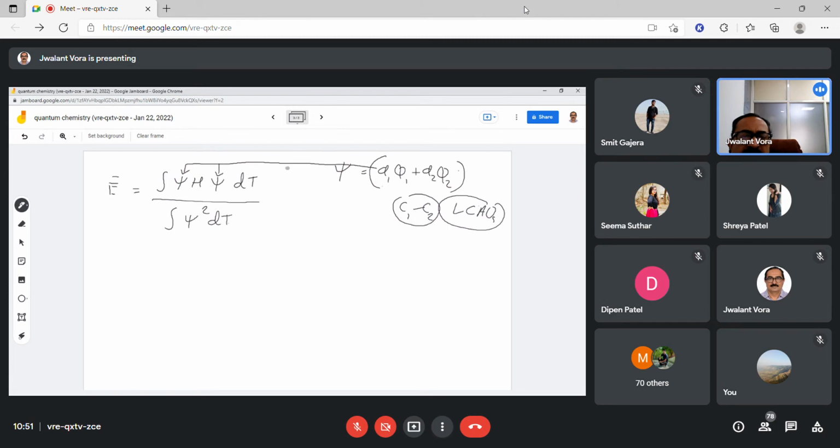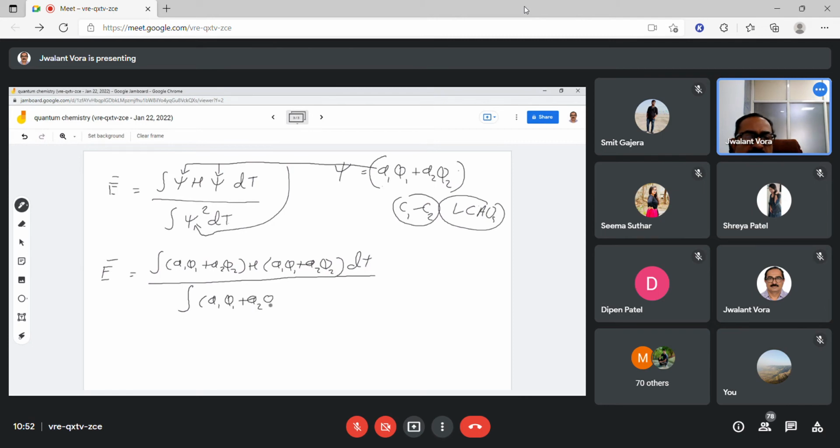Therefore E or E bar is equal to integration a1 phi1 plus a2 phi2 H a1 phi1 plus a2 phi2 d tau divided by integration a1 phi1 plus a2 phi2 its square d tau.